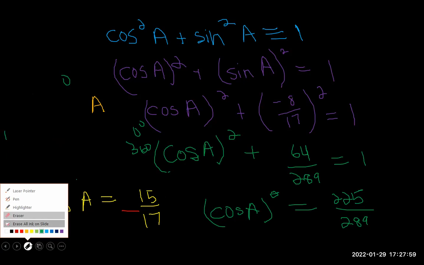of sine B. And we can also use that same method to find sine B. In this case, we're still using the Pythagorean identity, but our angle is now B. So cosine squared B plus sine squared B is the same as 1.